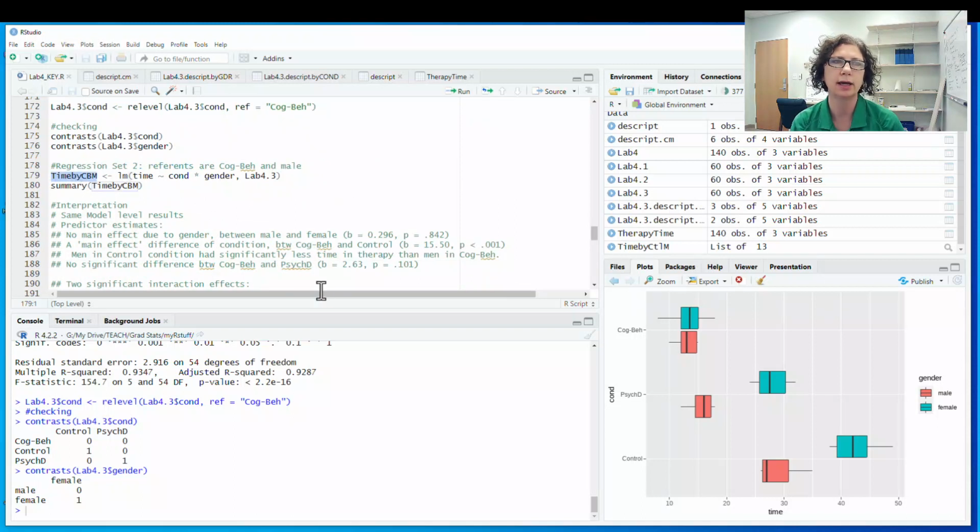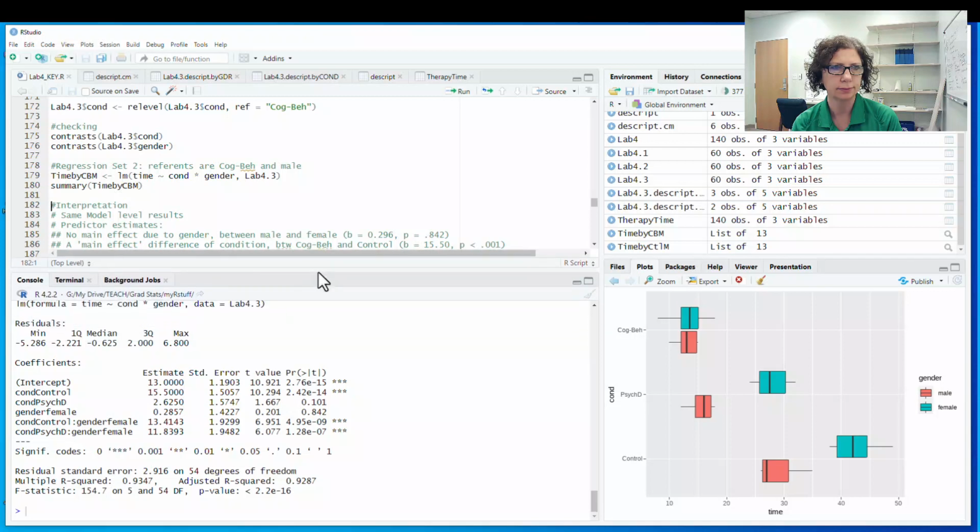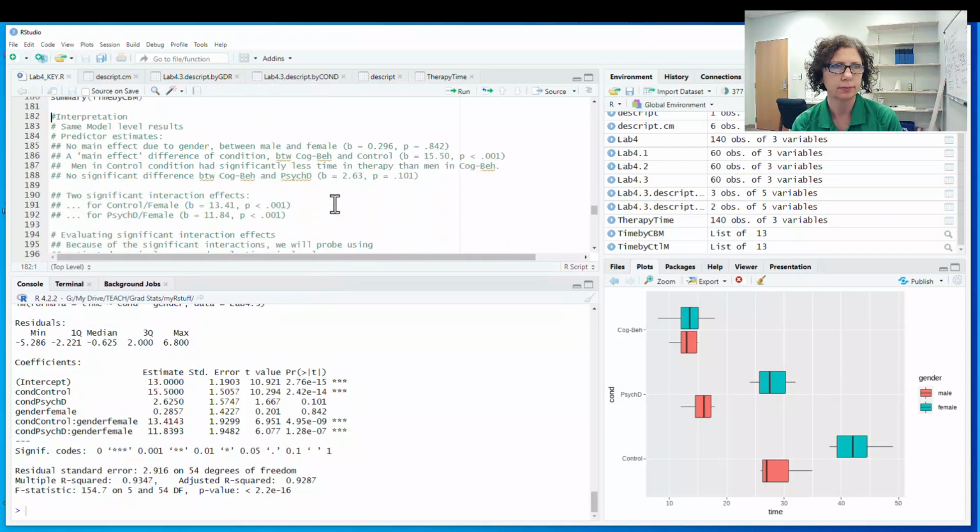This one I named time by CBM, so cognitive behavioral male. And we'll take a look at this. Again, your model level results are not going to change. They'll be the same. The predictor effects: now we have no main effect for gender. We do have a main effect for the difference between cognitive behavioral and control.